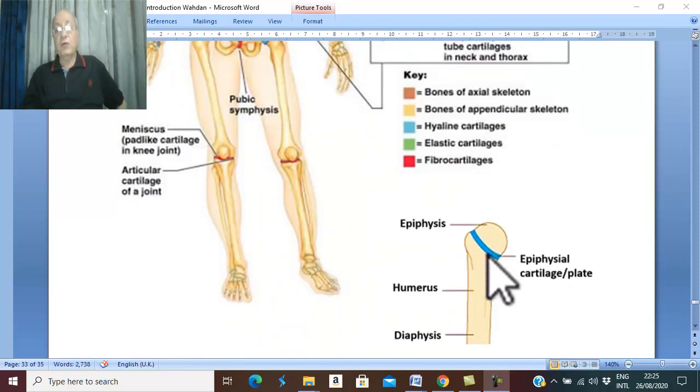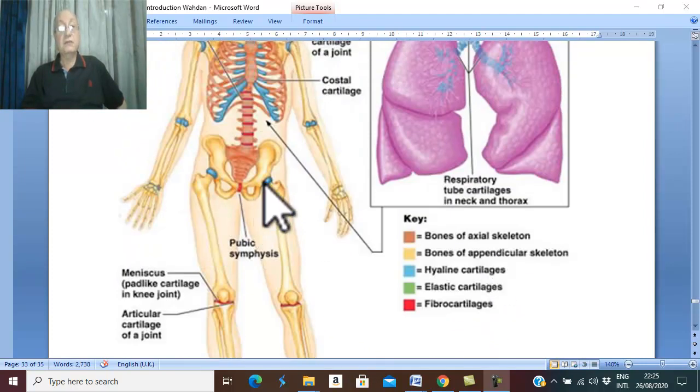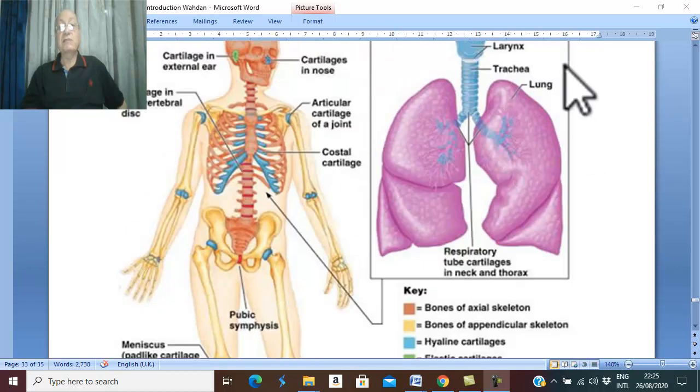Never forget growth of bone, epiphyseal cartilage. Never forget articular surfaces, articular cartilage, and the respiratory airway from the nasal cartilage to the tracheal and bronchial rings, except the epiglottis.